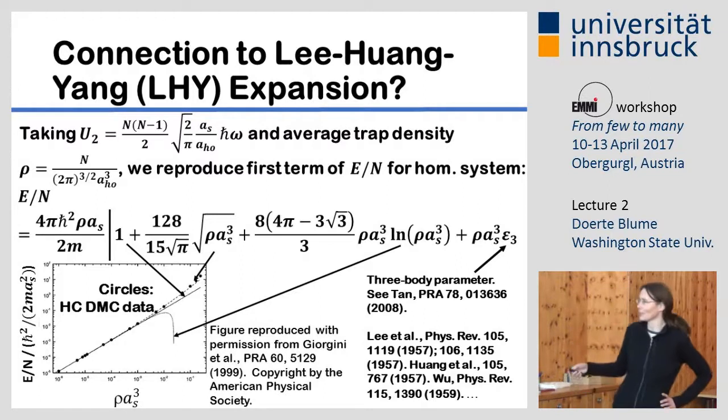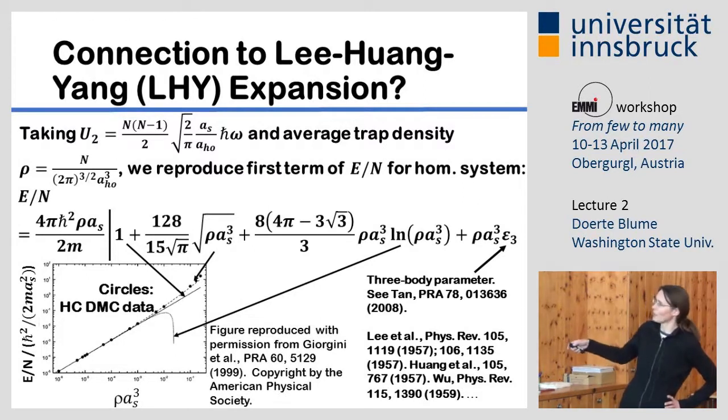Taking only the quantum fluctuations does in many cases do a better job and leads to a better agreement with the hardcore Monte Carlo data.